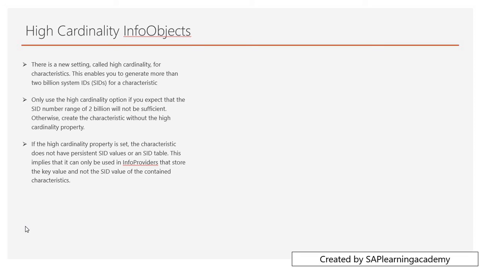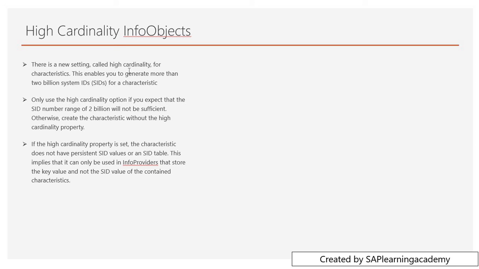Earlier, in the first slide, I told you that we have the option to check mark the high cardinality. So what is the use of high cardinality? This is a new setting called high cardinality for characteristics. This enables you to generate 2 billion IDs for a characteristic. You should only use the high cardinality option if you expect that the SID number range of 2 billion will not be sufficient.